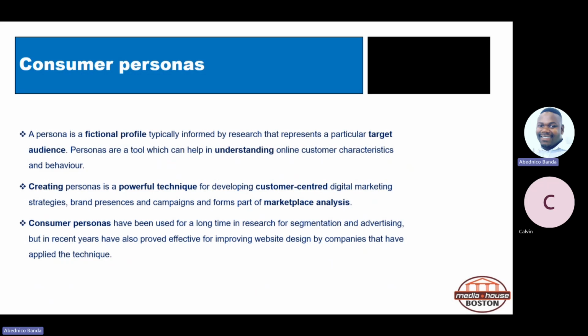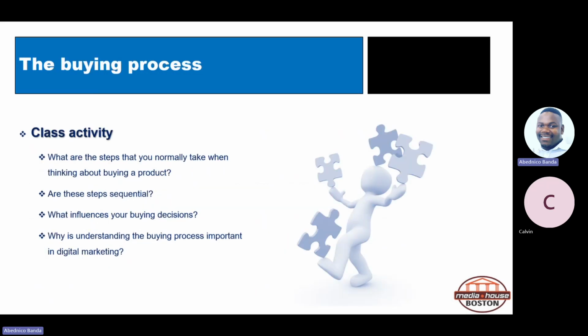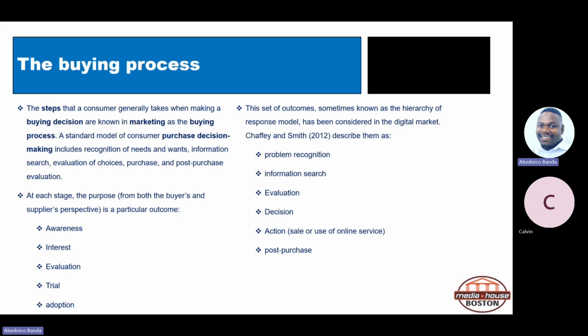I'm not going to talk much on persona because I discussed it in the previous lesson. However, I'm going to discuss the buying process. So you need to understand what it is that people go through when they are buying something.